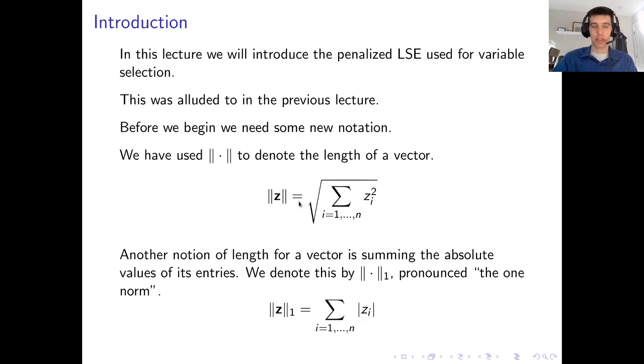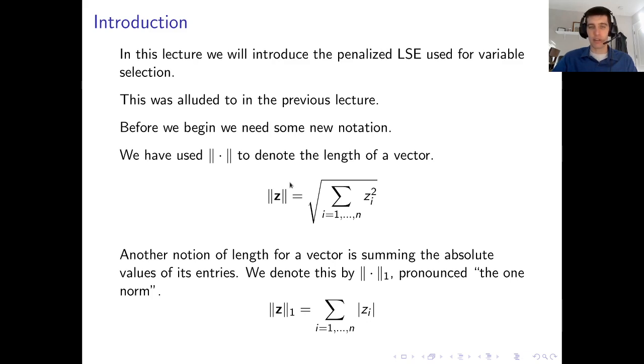And remember, the length of a vector is the square root of the sum of its squared entries. Another notion of length for a vector is summing the absolute values of its entries. This is called the one norm, and we denote the one norm of a vector as the sum of the absolute values of its entries.